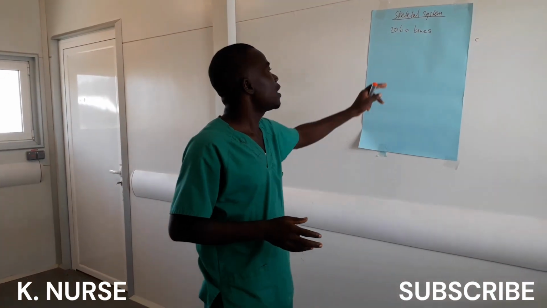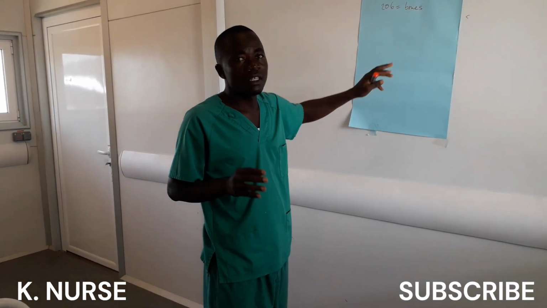All the bones found in the body are what we call the skeletal system. That is a specific system. In this system, tendons, ligaments and cartilage are also part of it. So you should know that the skeletal system is very important to human beings.